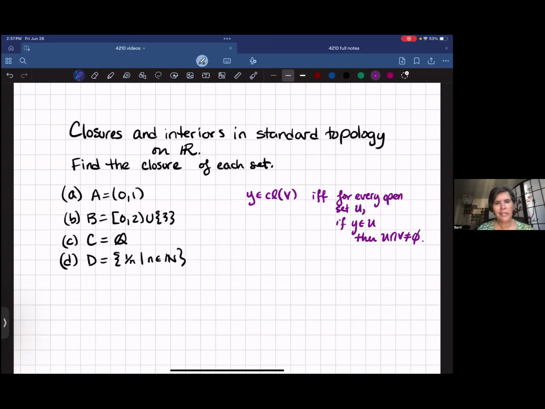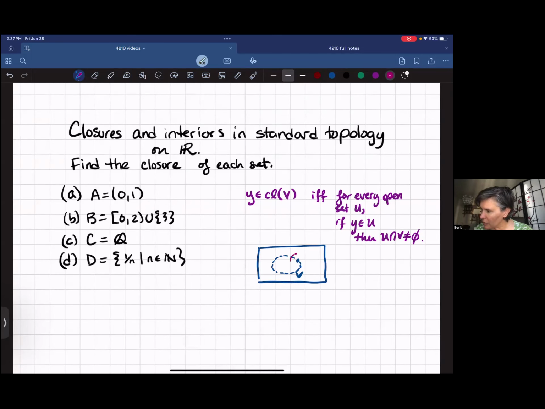So the theorem says that a point is in the closure of a set V if and only if every open set containing the point intersects with V. It has a non-empty overlap with V. If I were to draw this in a Venn diagram, say I take my set V and I take a Y that's sort of close to V, then any open set U that I draw, if that open set contains Y, it has to touch V. Okay?